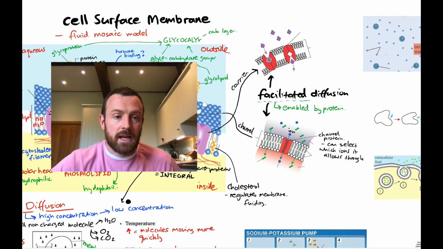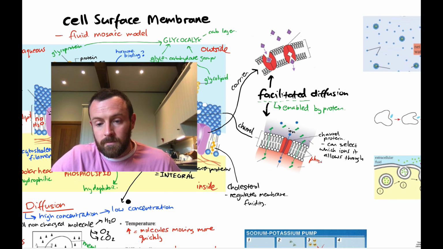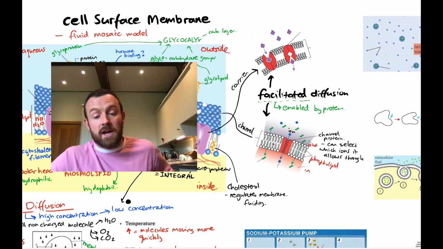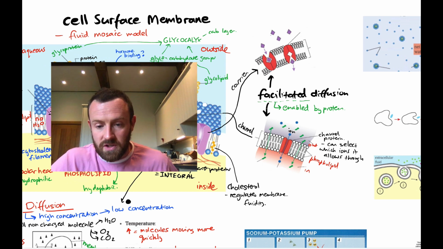Other things to label here, we've got the phospholipids, phospholipid bilayer. This is inside, this is out. And actually in this little diagram here, we can see these are some molecules that are diffusing just without the channel.